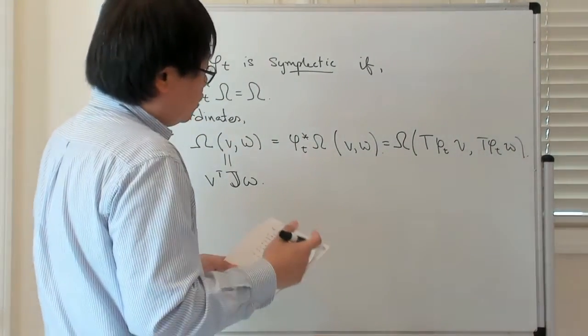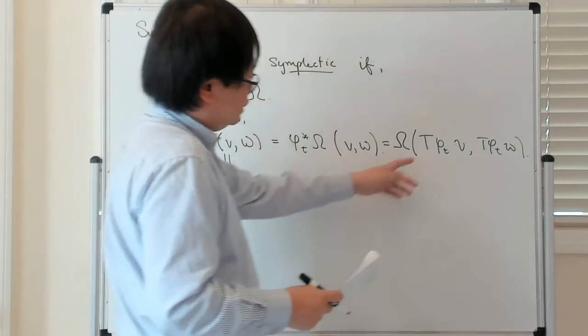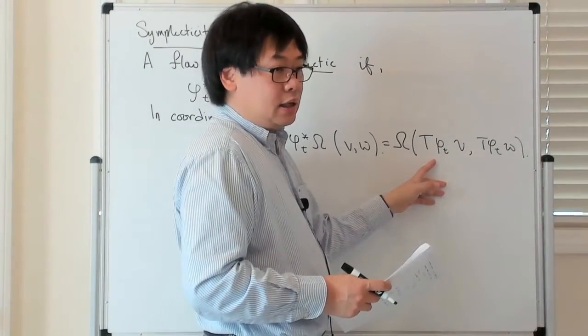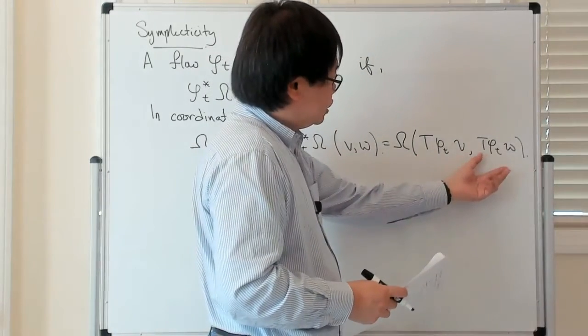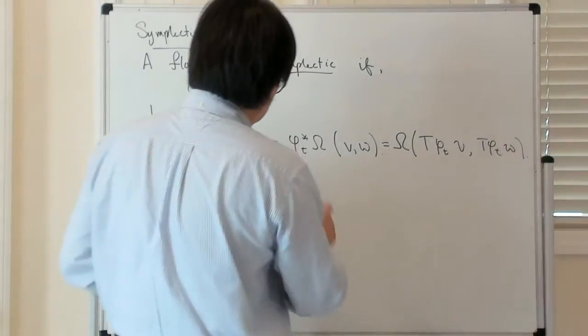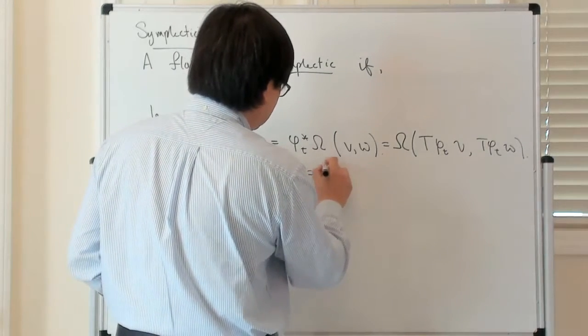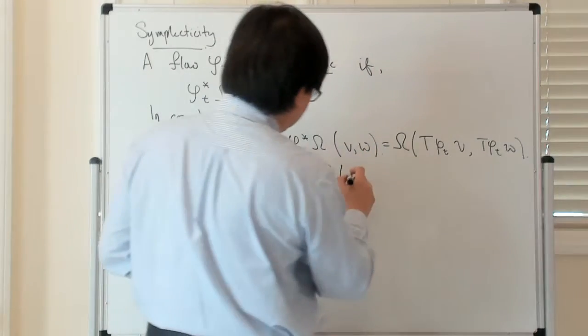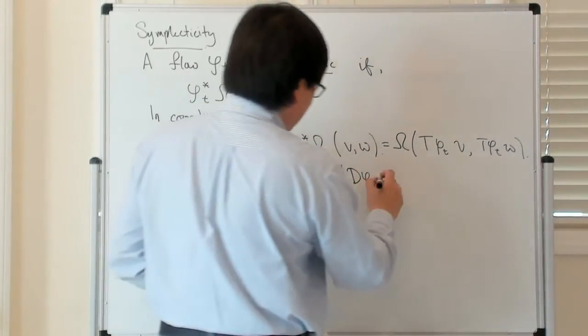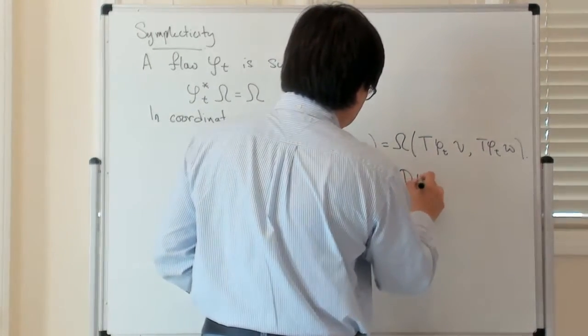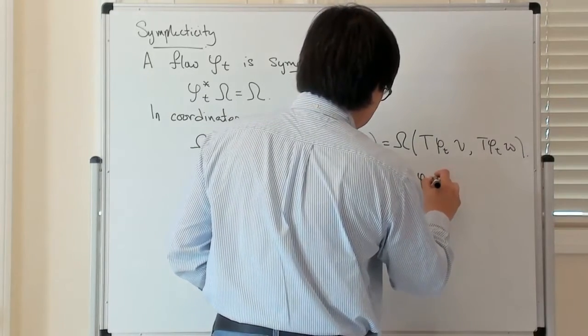And then in coordinates, if you recall, this basically just gives you the linearization of the flow map acting on v and the linearization of the flow map acting on w. So this is just omega, with a slight abuse of notation, but never mind. So you have the linearization of the flow map acting on v, and then the linearization of the flow map acting on w.